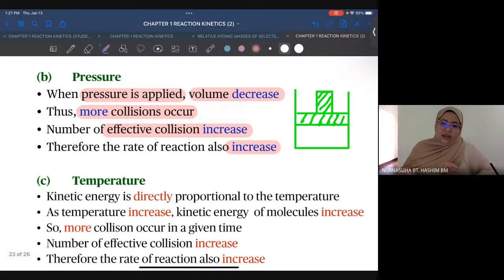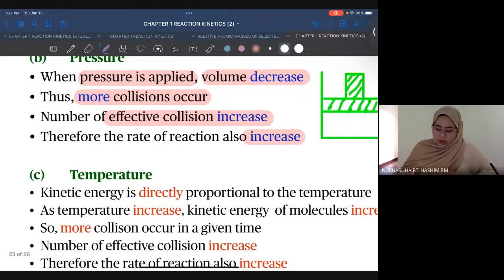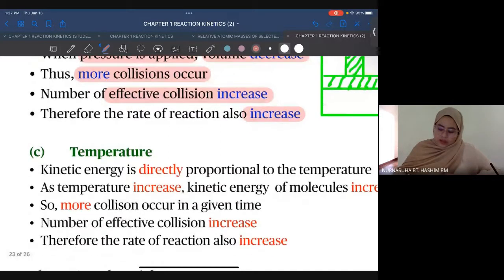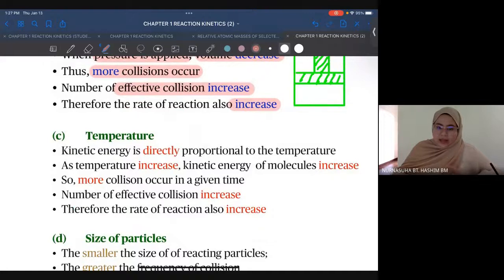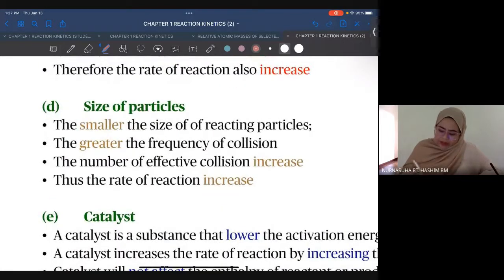Okay. So if you ask me, madam, boleh tak nak cakap rate of reaction become faster? You can say that as well, tak ada masalah. Okay. So temperature kita akan pergi last sekali ya, sebab temperature ni ada calculation sikit. Okay, kita pergi pada size of particle. Next, the smaller the size of particle, reacting particle ni maksudnya particle yang bertindak balas lah.